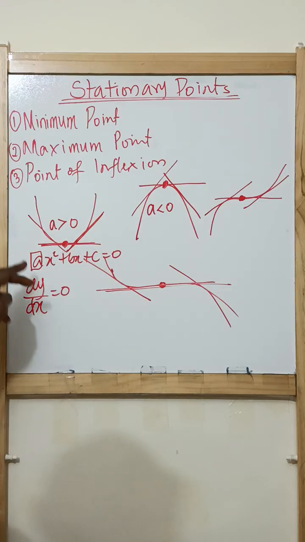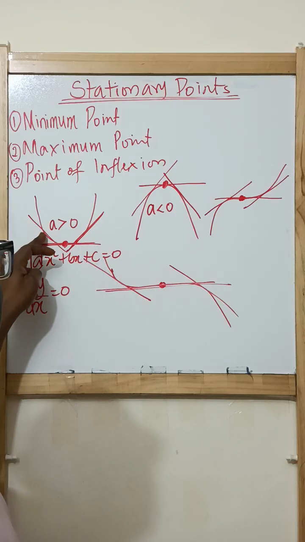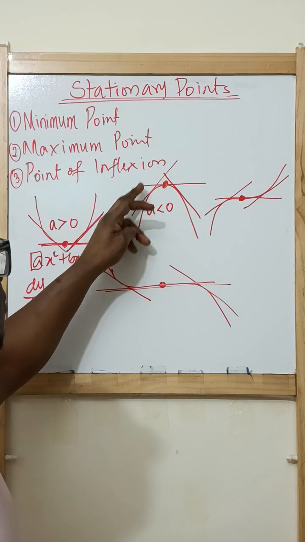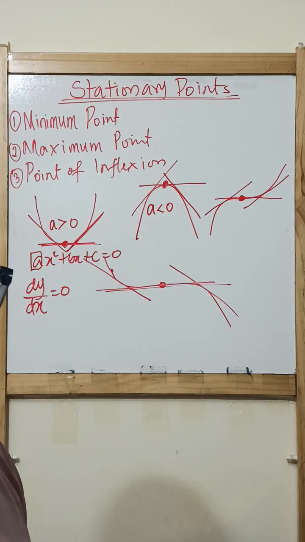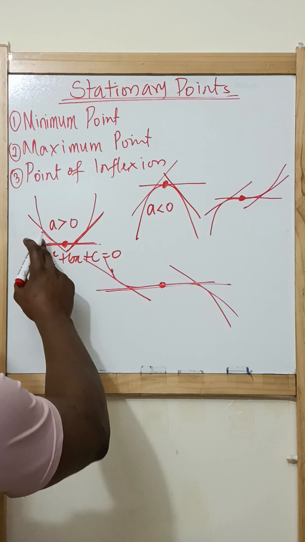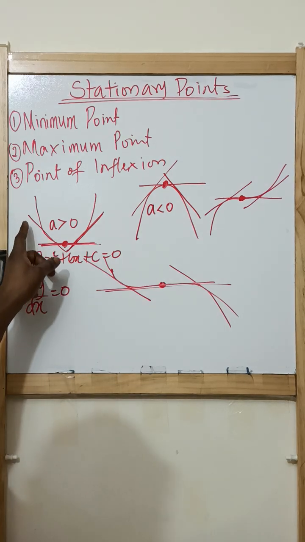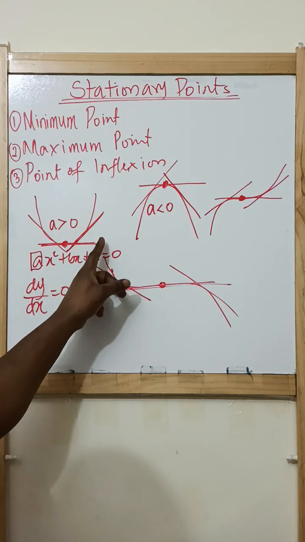So if we find the dy/dx here and here, and the sign changes from negative to positive, we know that it's a minimum. But if the sign changes from positive to negative, we know it is a maximum. Another way to look at this is that the change in slope goes from negative through 0 to positive.